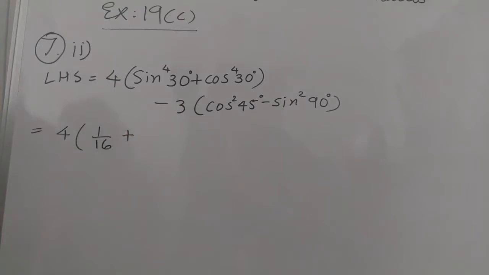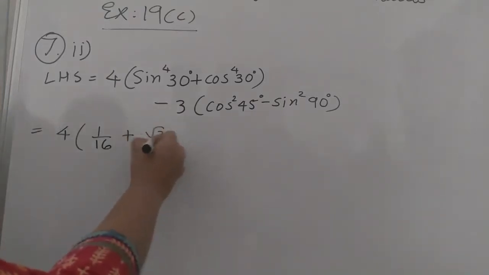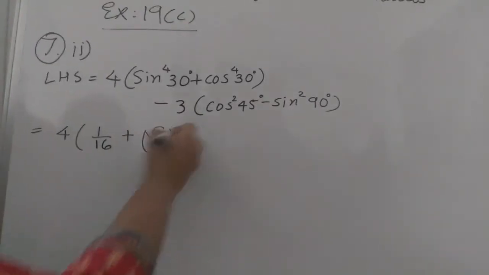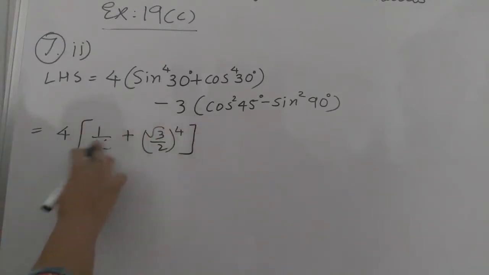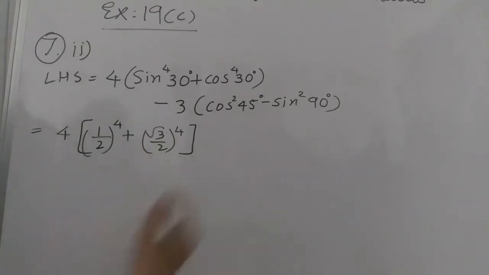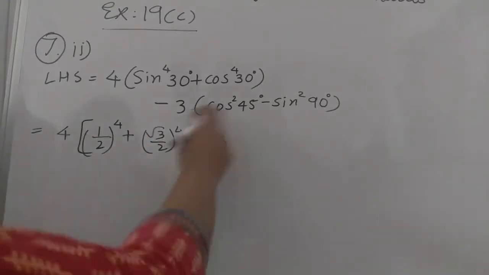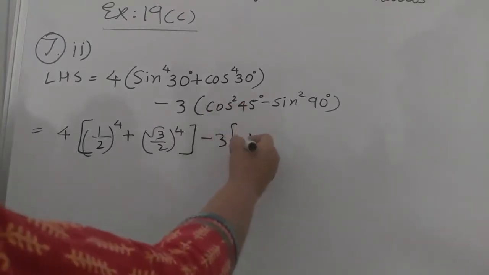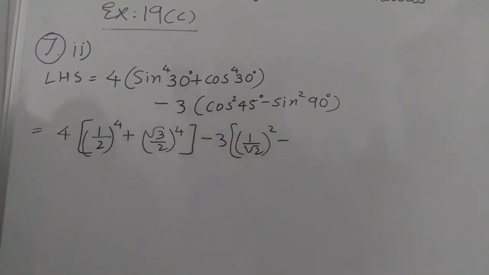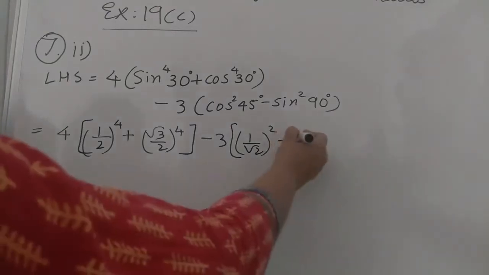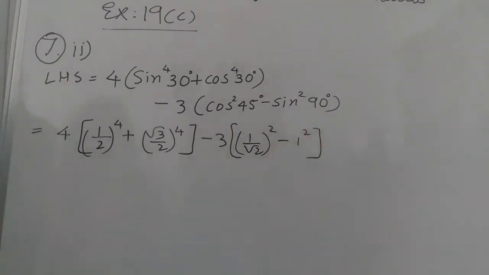Cos 30 is root 3 by 2 whole power 4. I am writing it this way so you can understand it nicely. Here also putting 1 by 2 power 4. Okay. Then minus 3 in the bracket cos 45, 1 by root 2 and squaring it, minus sin 90, that is 1, and 1 square we know is 1 only.